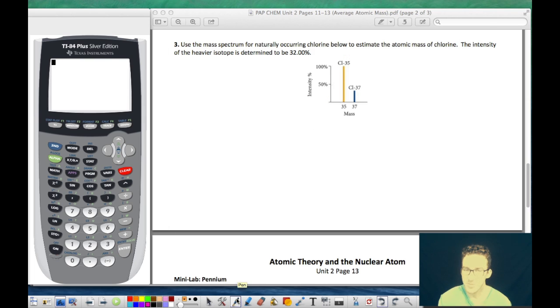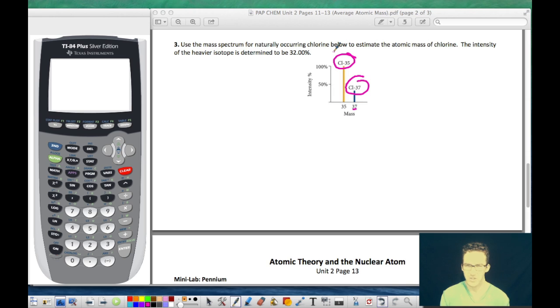All right, then our last problem here is one that involves a mass spectrum that came from a mass spectrometer. This particular one is showing us the analysis of the chlorine isotopes. There are two of them, chlorine 35 and chlorine 37. We are told that the intensity of the heavier isotope, chlorine 37, is determined to be 32.00%.